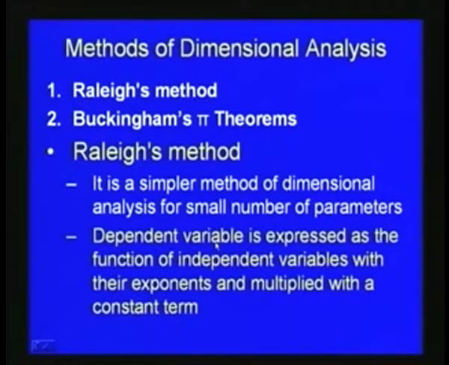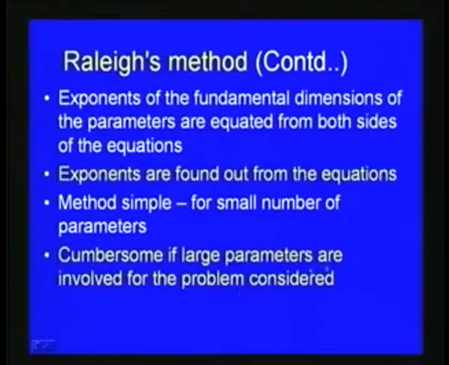Rayleigh's method is one of the simple methods, and it is applicable to a particular problem where the number of parameters is small and the dependent variable can be expressed as a function of the independent variables. Generally, we express the problem in terms of the fundamental dimensions, either mass, length and time, or force, length and time.